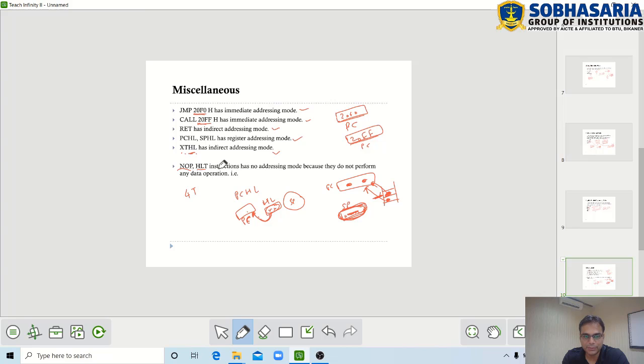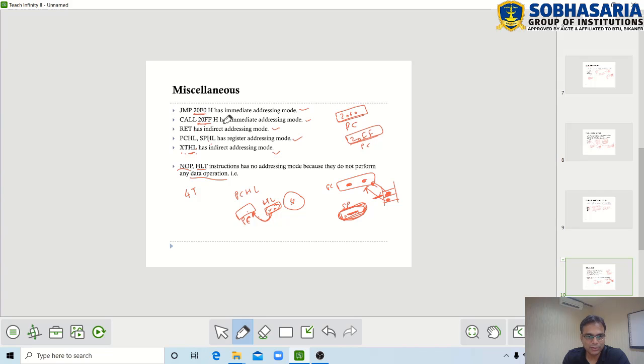And the point to be noted here is that these instructions do not perform any data operations, just like the other instructions XTHL, PCHL, RET or call or jump. All these instructions are doing some particular operation over data. They are loading the program counter. This is also loading the program counter with a specific 16-bit data. Return is also retrieving the top 2 bytes from the stack into the program counter.